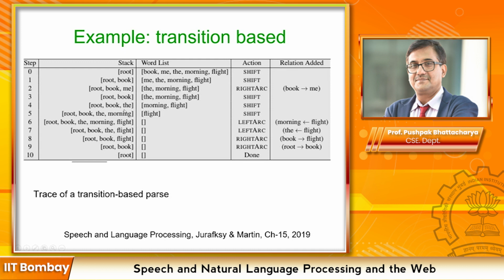Now I shift morning, and the operation on book and the linking them. Morning is shifted, and then I have the and morning. Could I link the and morning? The decision maker, or the oracle, says that no, you have to still shift.